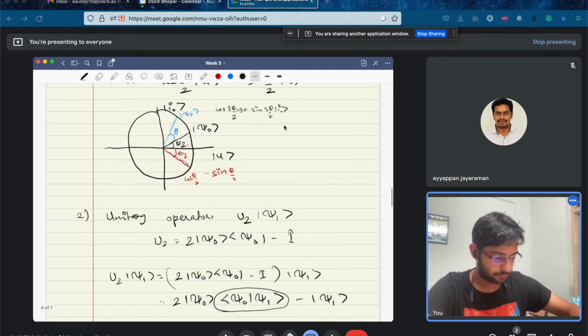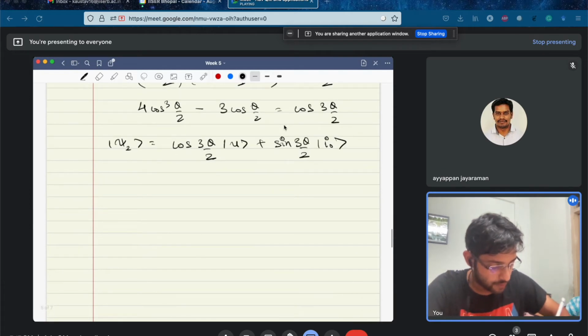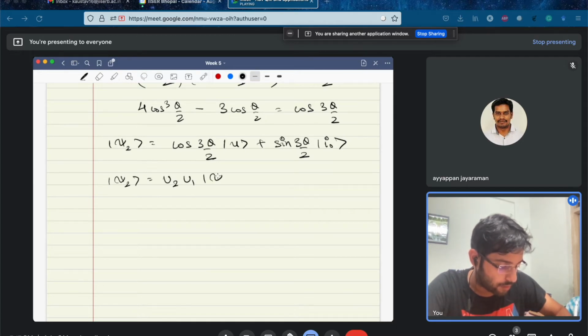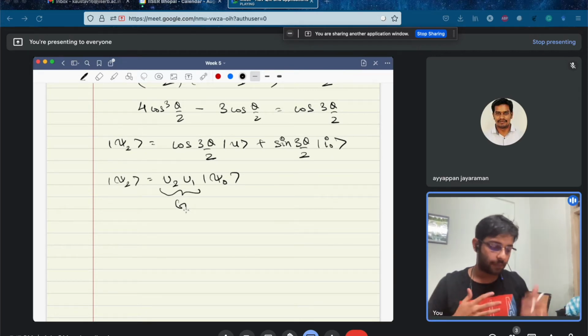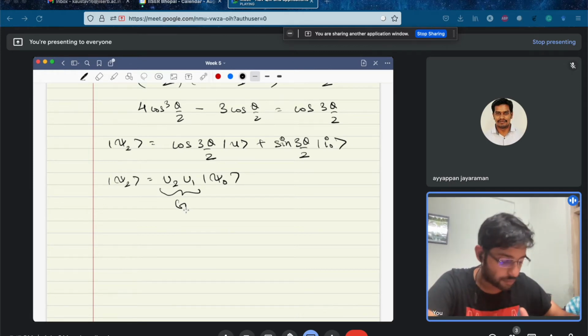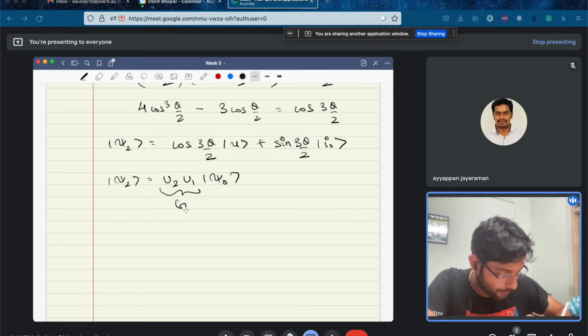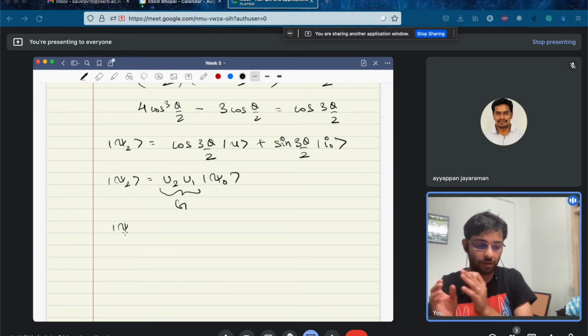Okay, now let's say we name these operations. So your psi 2 is obtained from u2 u1 on psi naught, and we name this as g. Okay, and when you implement this g k number of times, then what happens? This basically is shifting your angle each time.